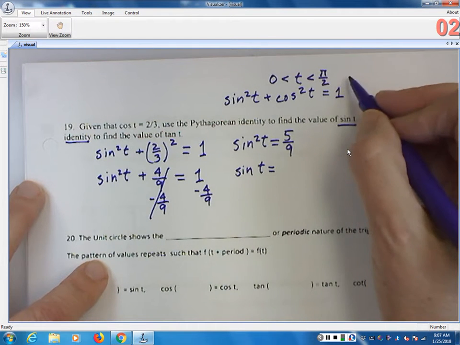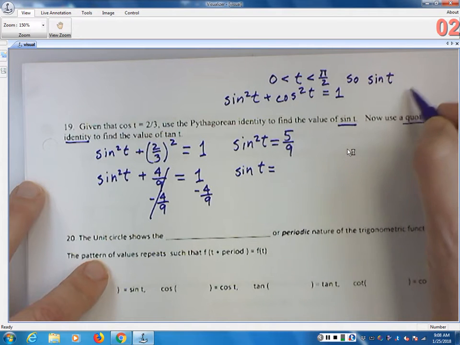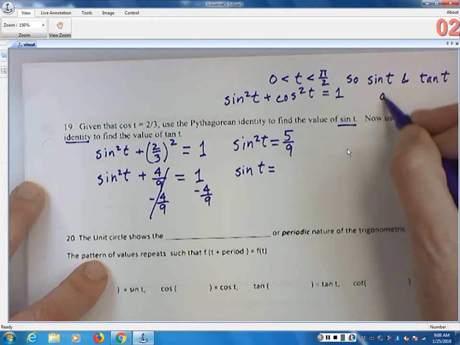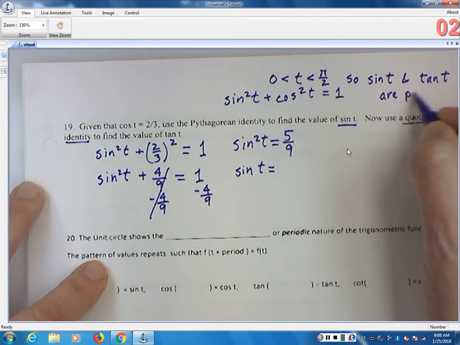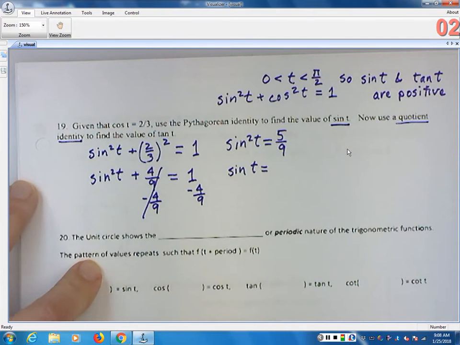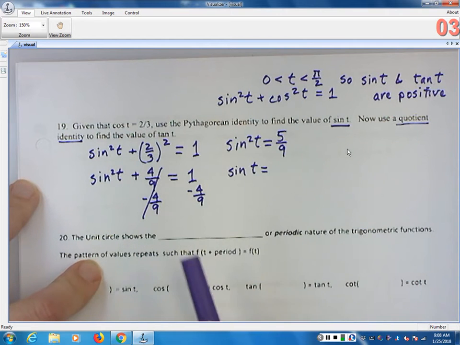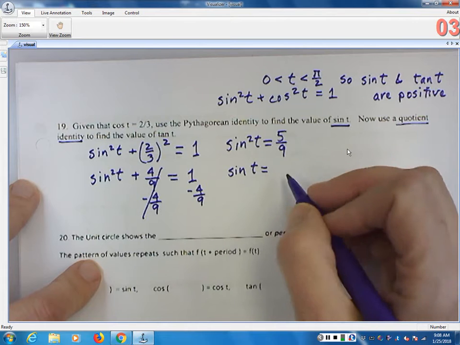So sine and tangent are positive. When you take the square root of both sides, we usually do a plus or minus sign. But because we're restricted to this domain, we're going to use just a positive number.